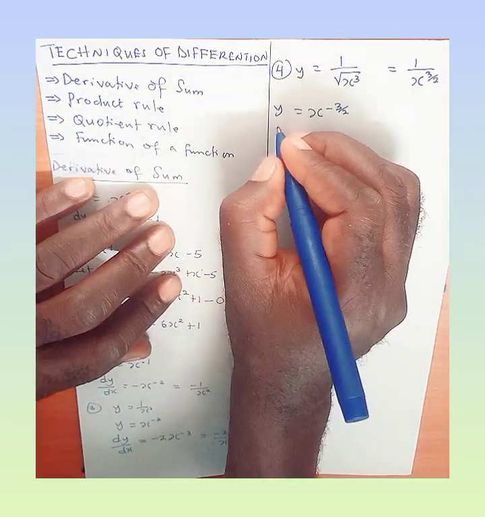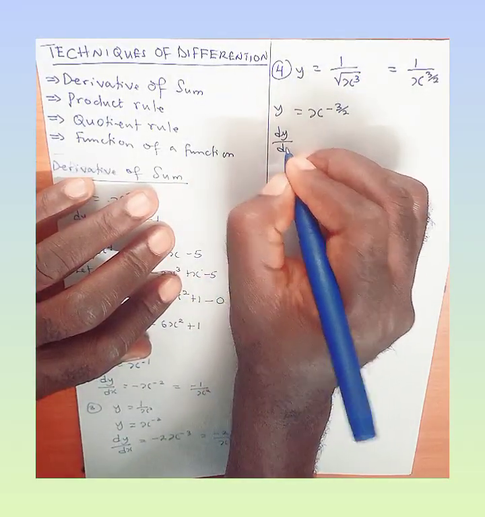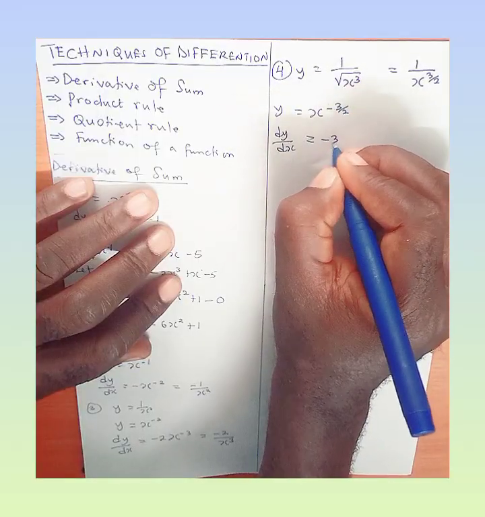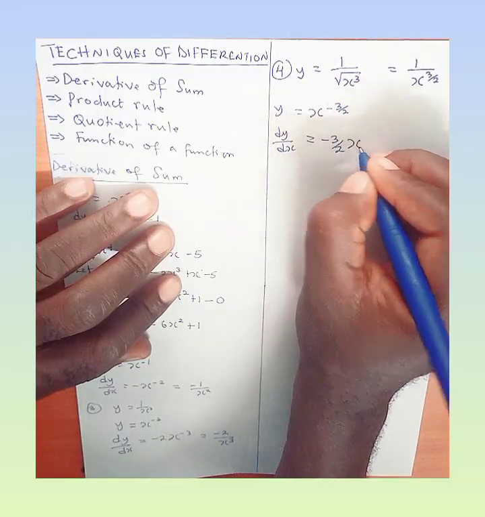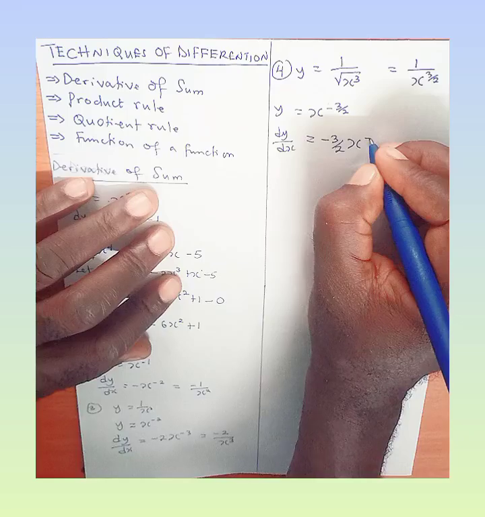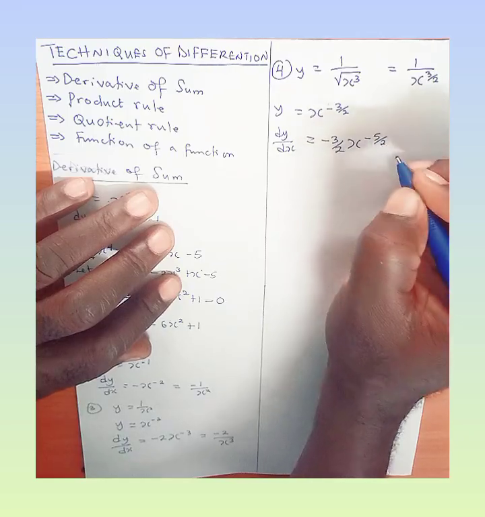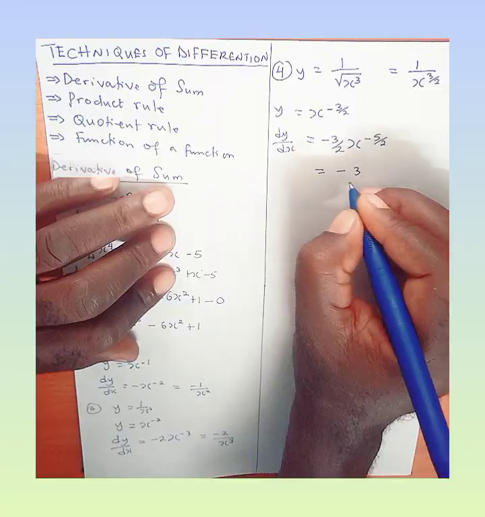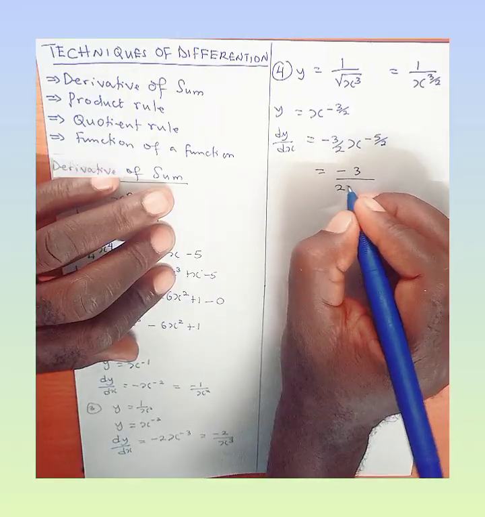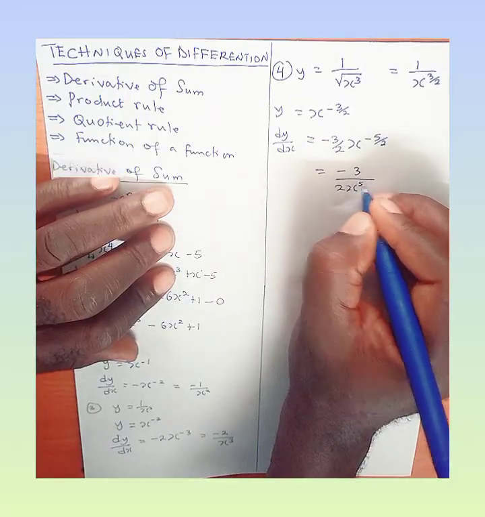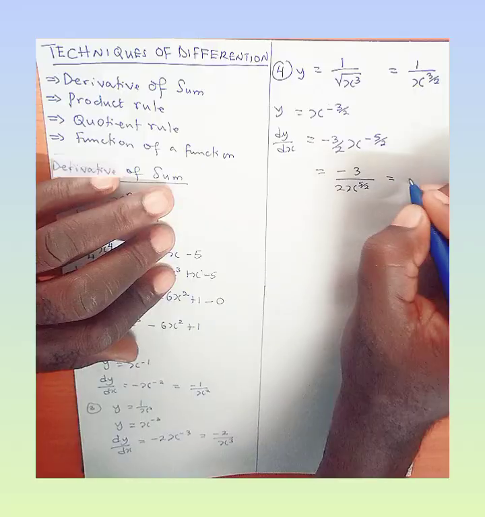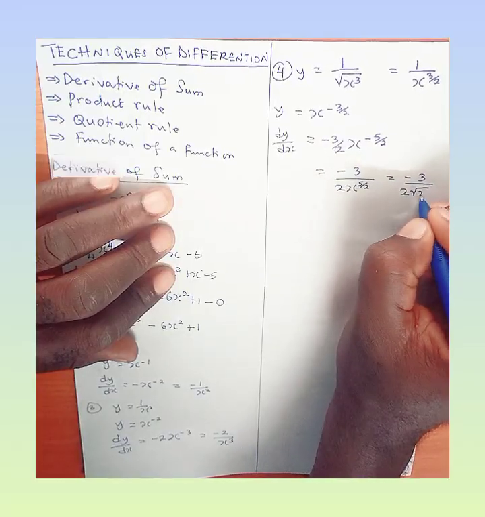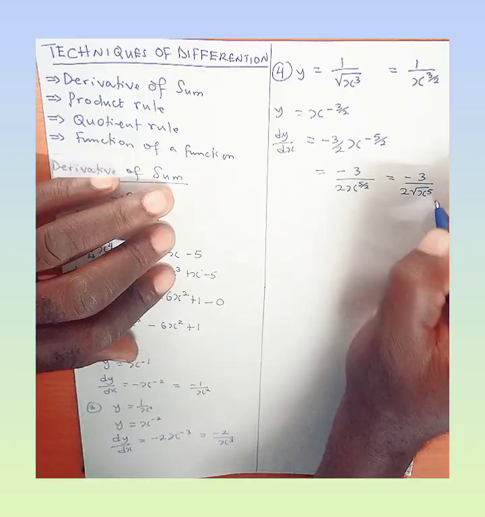Now let us differentiate. dy/dx is equal to, you transfer this power, it will be minus 3/2 x raised to power; we subtract 1 from this power, it will be minus 5/2. Then we simplify this further. We have minus 3 over 2x raised to power 5/2. Then it will be minus 3 over 2 times the root of x raised to power 5.